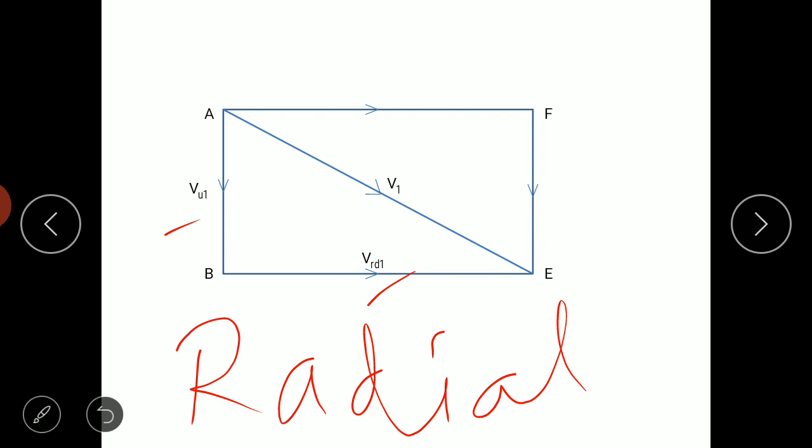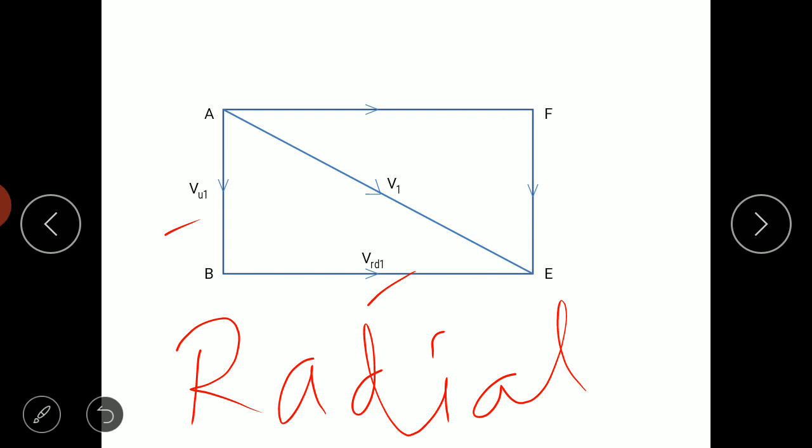So we are considering the top face as the explanation for the axial turbo machine, and we are taking the side face for the radial turbo machine. I hope this is clear. What we understood is that V1 is getting converted into VU1, which makes the wheel rotate, not Vx1, not VRD1.